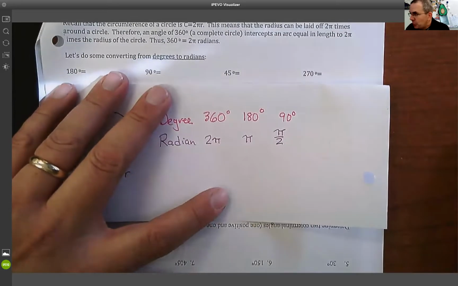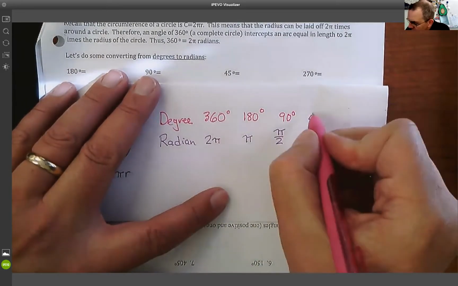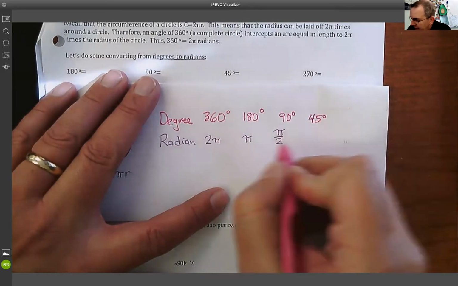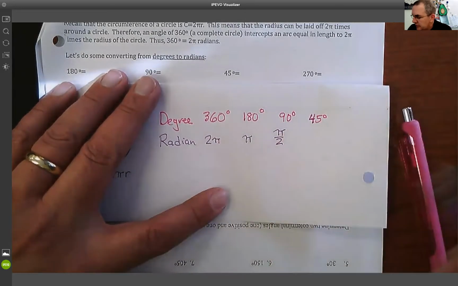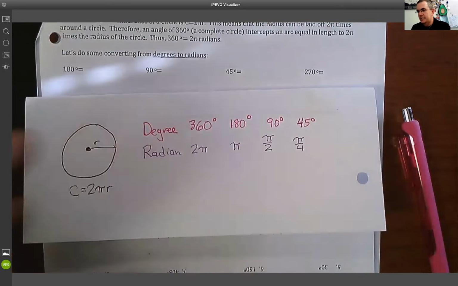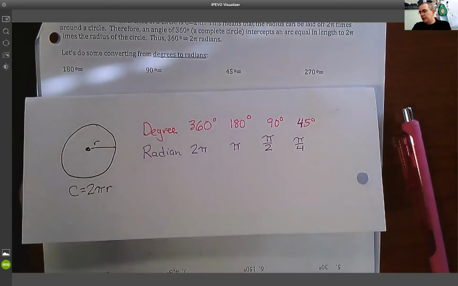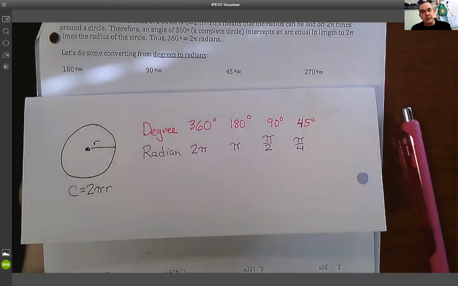And I can keep following the same logic. 45 degrees: I cut it in half again. That's going to be pi over 4 radians. So what I did is I cut an angle in half, and now it's a quarter. We're just cutting in half. This is really nice, except it would be really nice if we just had a rule that worked all the time, so I didn't have to figure out half, half, half.